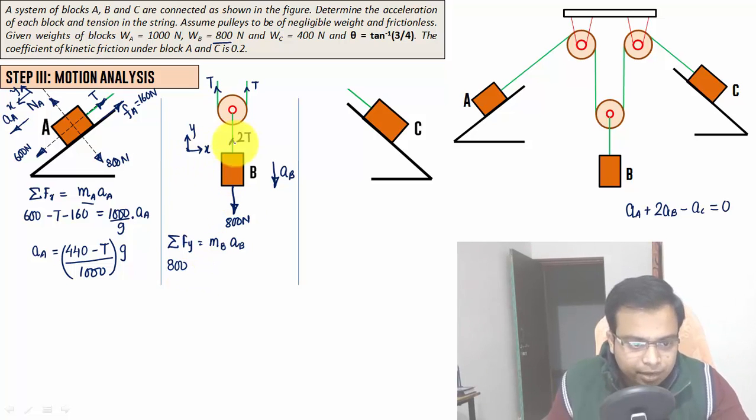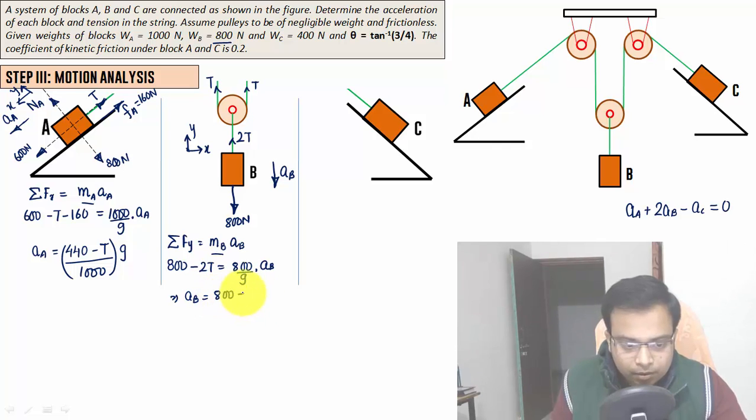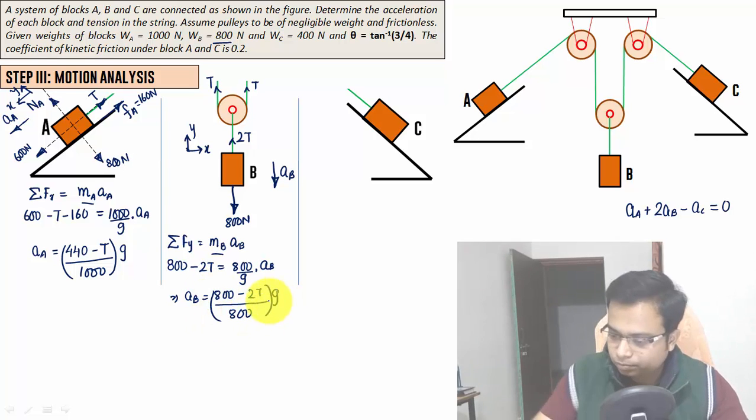So 800 minus 2T is equal to mass into acceleration. Mass is going to be weight, that is 800, over g, multiplied by AB. So AB will work out as 800 minus 2T over 800, all of this multiplied with g.